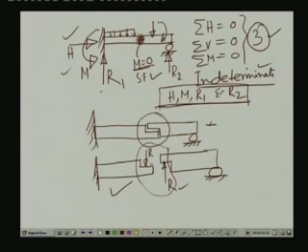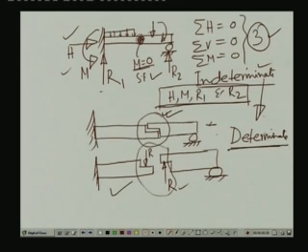So, for an indeterminate system, if we have an articulation in a beam, then the indeterminate beam becomes a determinate one. The beam becomes determinate because we generate an additional equation. So, we have 4 unknowns, we get 3 equations of statics plus 1 additional equation. So, it becomes a determinate situation.